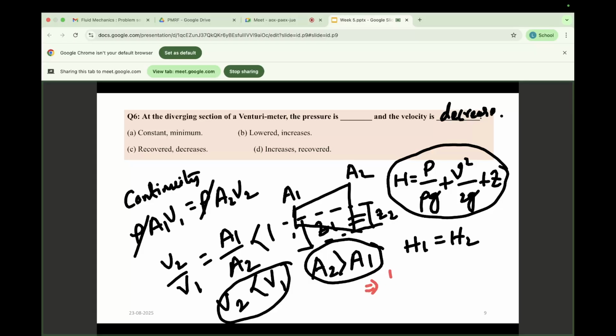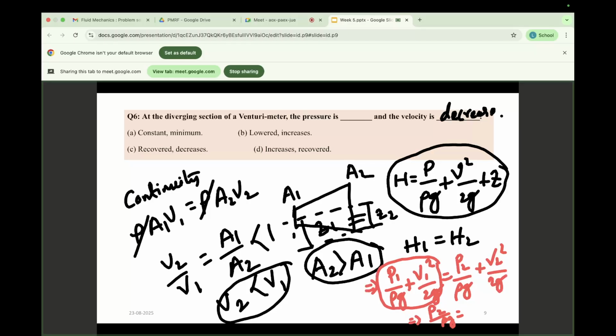So I can write P1 by rho g plus V1 square by 2g equals P2 by rho g plus V2 square by 2g. So I can easily write P2 by rho g equals this term minus this one, right?